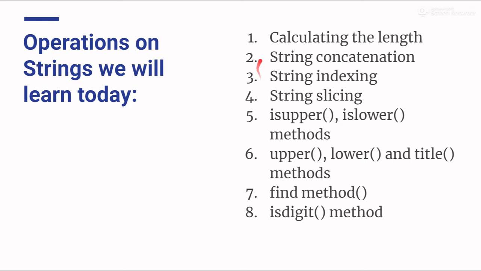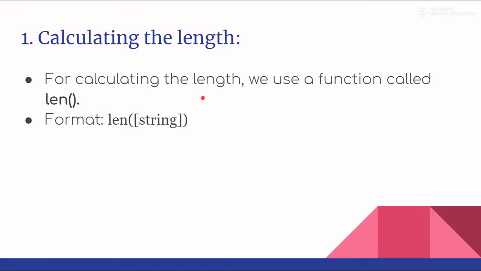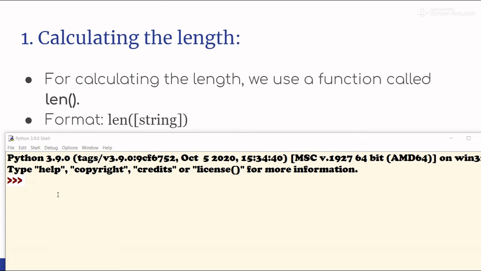So the first one is calculating the length of a string. So let's see about it. For calculating the length of a string, we use a function called len. So let's see this in action in the IDLE.